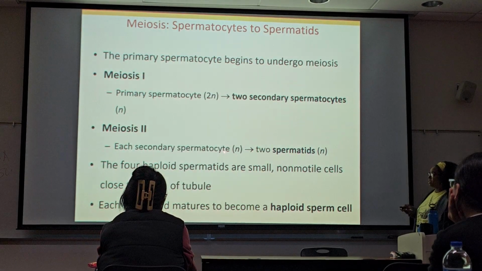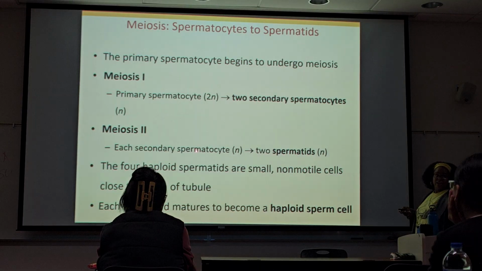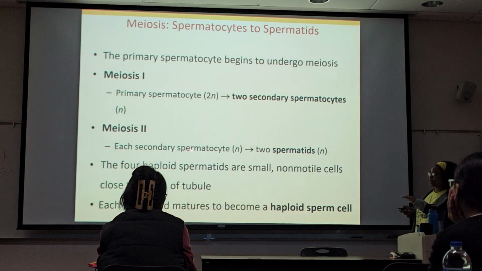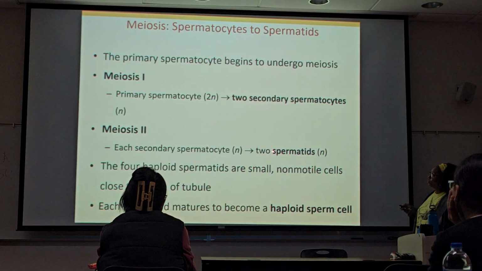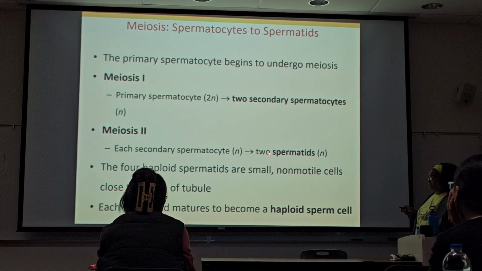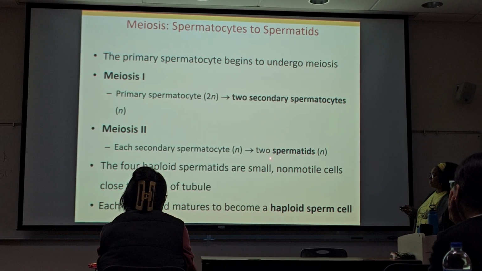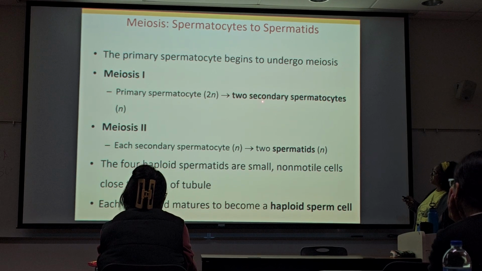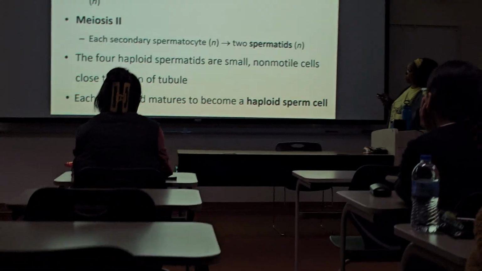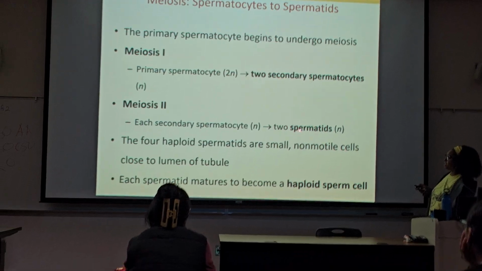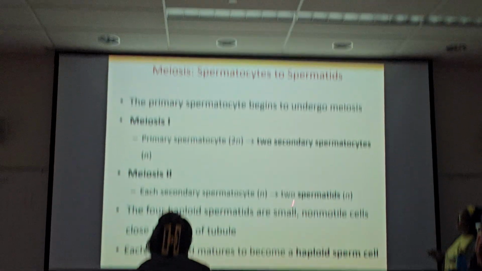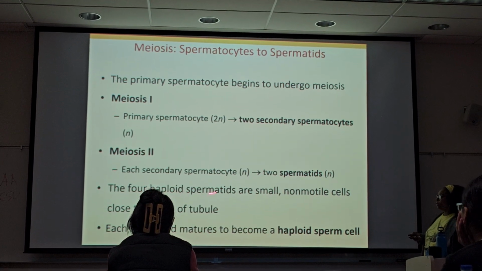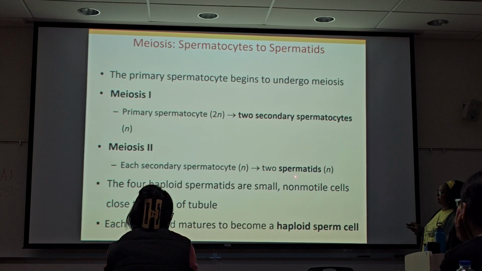These have two copies of the DNA, organized now in 23 chromosomes, and each new spermatid will receive one copy of that DNA. Okay? And so we went from two secondary spermatocytes that both give rise to two spermatids. So at the end of this, we end up with 4 haploid spermatids.